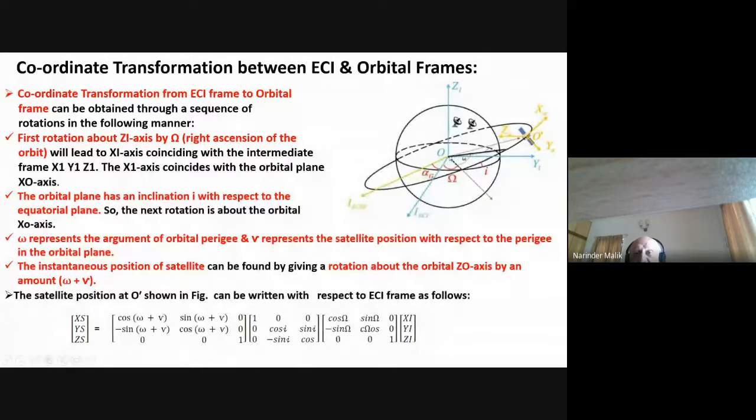Now I want to find the satellite position. From perigee, I rotate the satellite position by angle nu. Since omega and nu are in the same plane, I have combined them, and the satellite position frame is related to the inertial frame by this transformation.